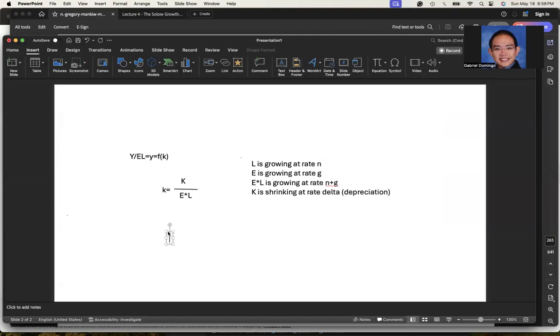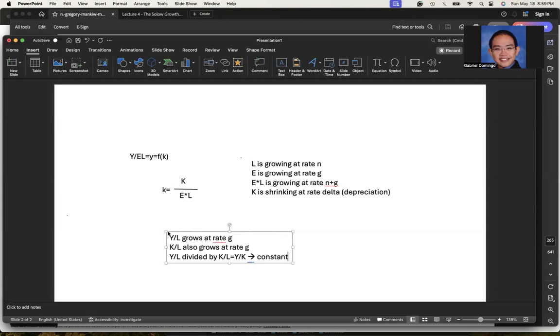So if Y over L grows at rate g, and then K over L also grows at rate g, then what you'll find is that the ratio of them, which is Y over L divided by K over L, the L's cancel, which should be equal to Y over K. Therefore, that is constant.